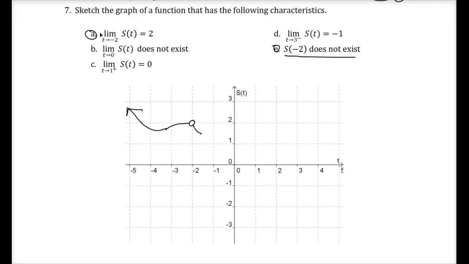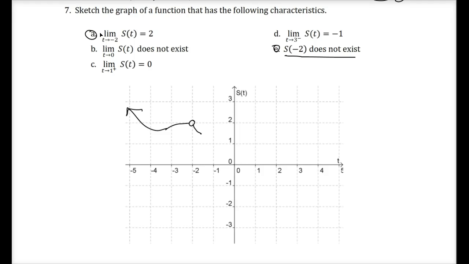Okay, that's what that means. The other interpretation of that is that the limit coming from the left is not going to be the same as the limit coming from the right. So if the limit from the left equals a real number and the limit from the right equals a different real number, then those real numbers are not the same.